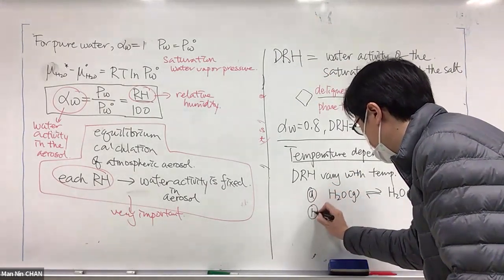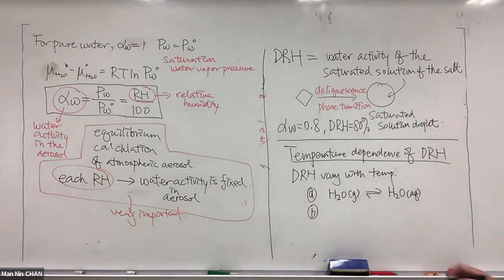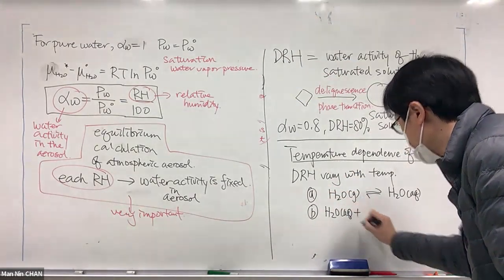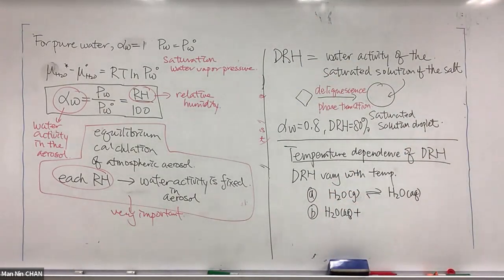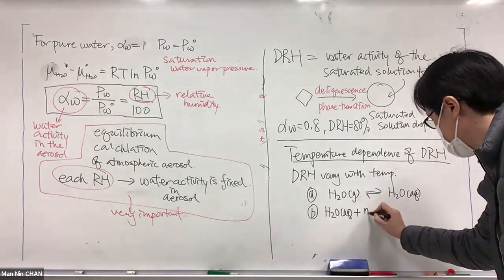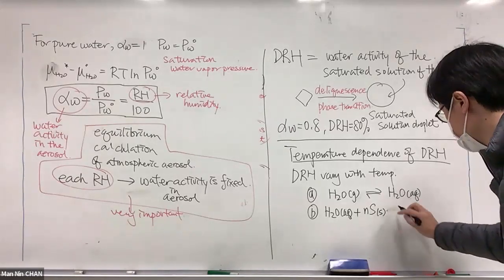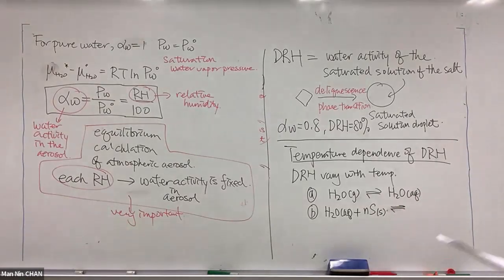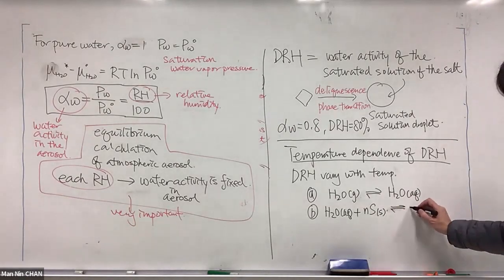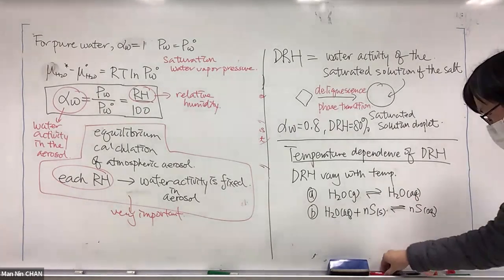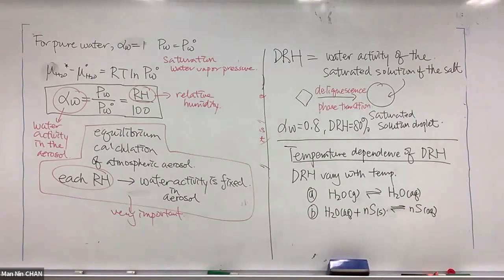Let me follow my notation. So now you have some water, and then you can dissolve your salt, you put NS, and then now you become an aqueous saturated solution.